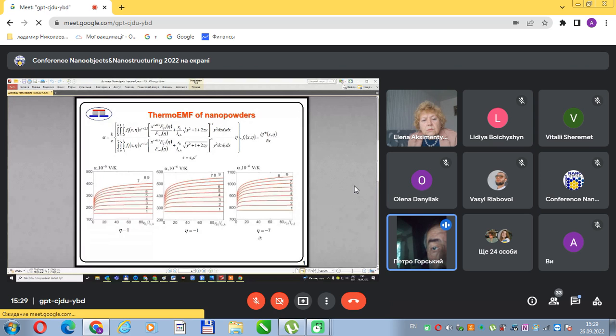Хоч на нашій кафедрі термоелектрики і медичної фізики напрям підготовки називається прикладна фізика і наноматеріали, ми поки що нанопорошками поглиблено не займалися. В основному вони мікронні.